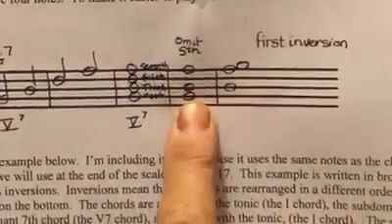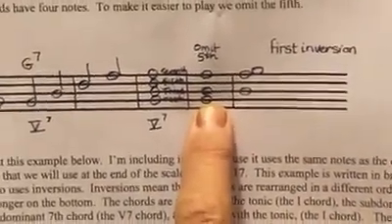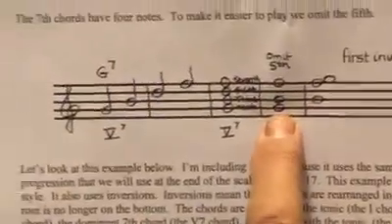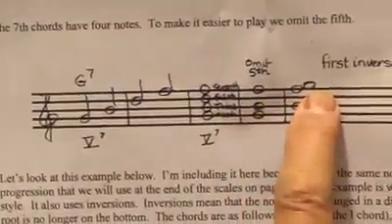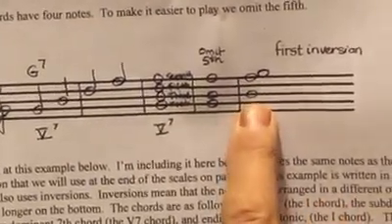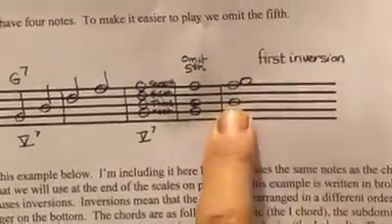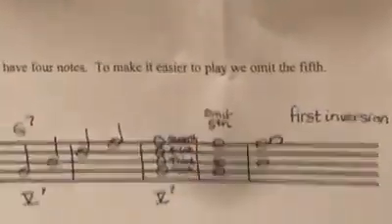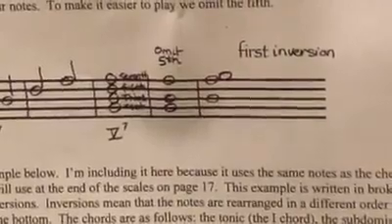And here they omitted the 5th, no D. And here they moved the bottom, the G, to the very top. So now the G is on top. Okay, the root of the chord is on top. You have B, F, G. This is first inversion. This is the G7 chord that we're going to use in the C scale.